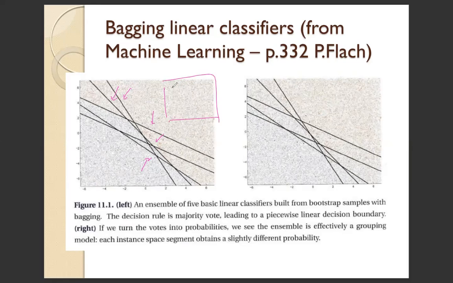So if you have a simple one like this, okay, so you take both of them. So let's say everything here is plus, everything here is minus, right? So you got two boundaries like this.